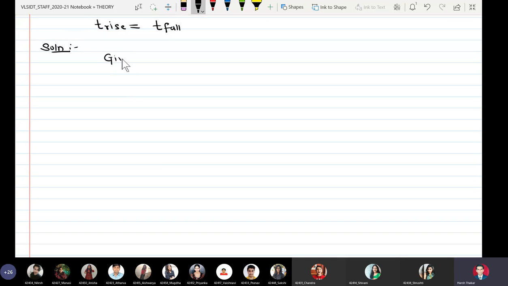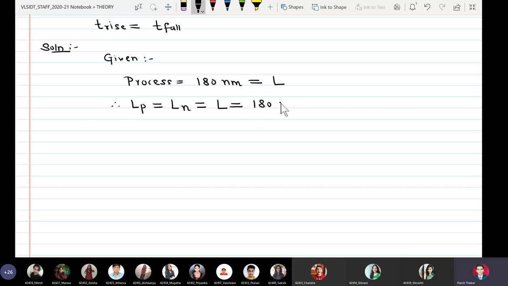So we can say, given process is 180 nanometers equal to L. Therefore, length of PMOS is equal to length of NMOS is equal to L equal to 180 nanometers. This is result number 1.